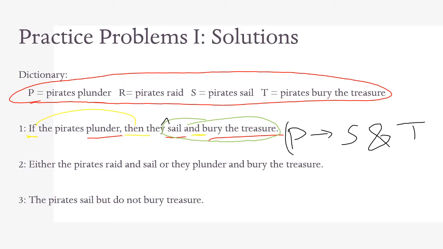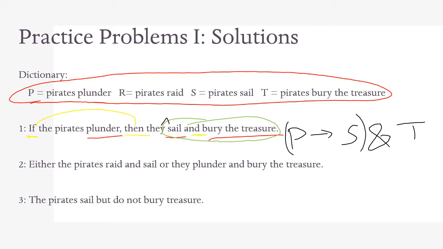But the idea is just to get a little bit of practice. If you were to write it either way on the exam, I probably would give you credit for it. Also, the ones on the exam will be pretty clear cut, so you don't have to worry too much about whether or not there's this ambiguity between one way or the other. But just to give you an idea of the different ways in which we can symbolize something.